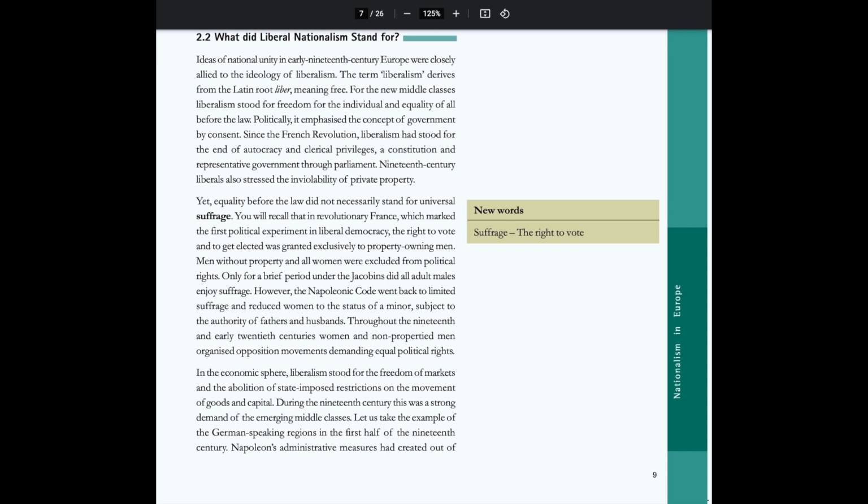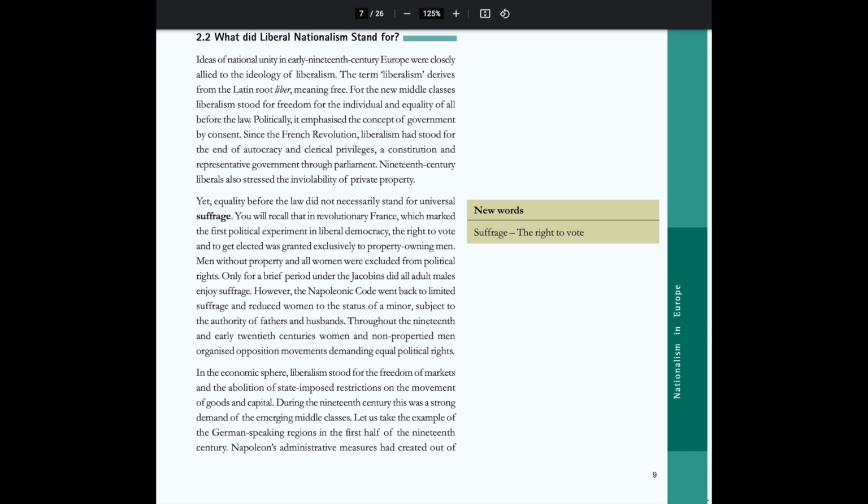Only for a brief period under the Jacobins did all adult males enjoy suffrage. However, the Napoleonic Code went back to limited suffrage and reduced women to the status of a minor subject to the authority of fathers and husbands. Throughout the 19th and early 20th centuries, women and non propertied men organized opposition movements demanding equal political rights.